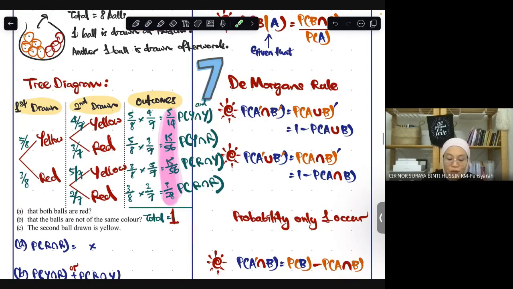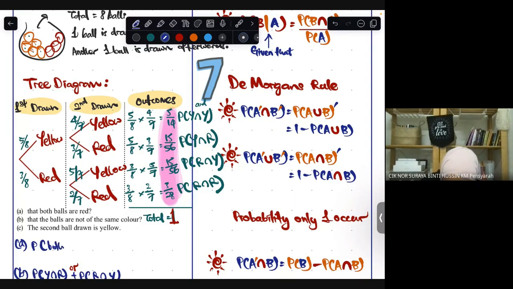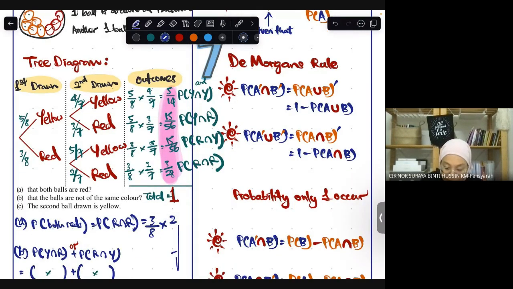It is just that the way of writing is better if you can write it as a sentence, probability of both red, or you can write P red and red. So it gives you 3 out of 8 times with 2 out of 7, which means it is 6 out of 56, that is 3 out of 28. So this is your answer.